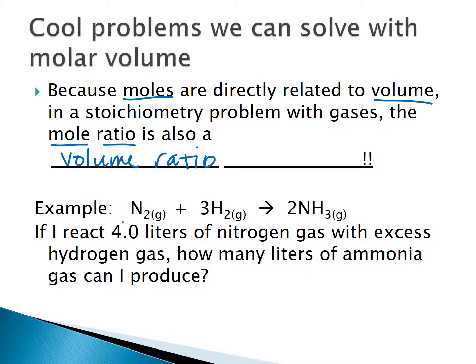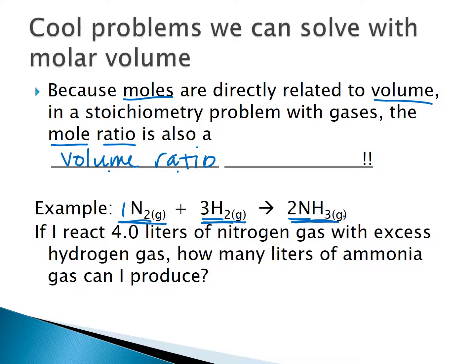Okay, so here's an example. We have nitrogen with hydrogen making NH3, which is ammonia. You can't really see it, but there's an imaginary 1 in front of nitrogen. What this tells me is that for every 1 mole of nitrogen, I'll have 3 moles of hydrogen and 2 moles of ammonia. Because of this volume ratio, as long as everything is a gas, I can also say that 1 liter of nitrogen is equal to 3 liters of hydrogen, which is equal to 2 liters of NH3.